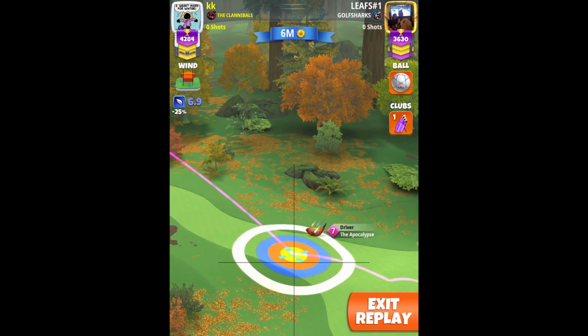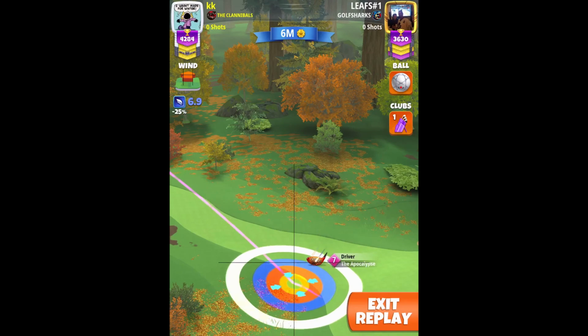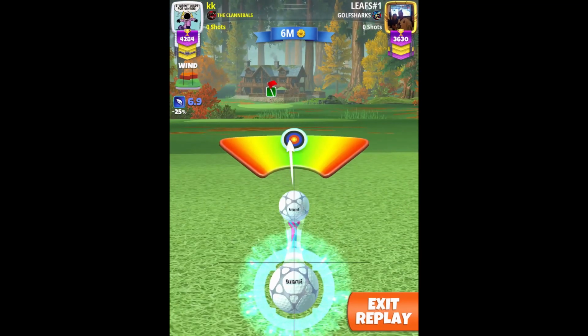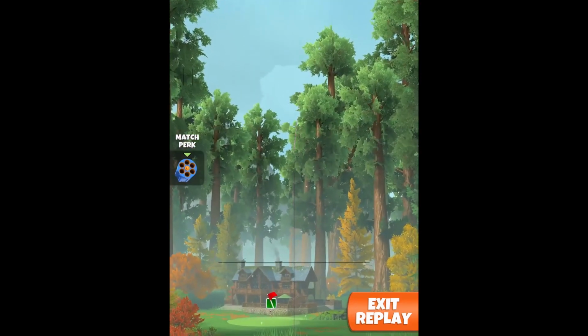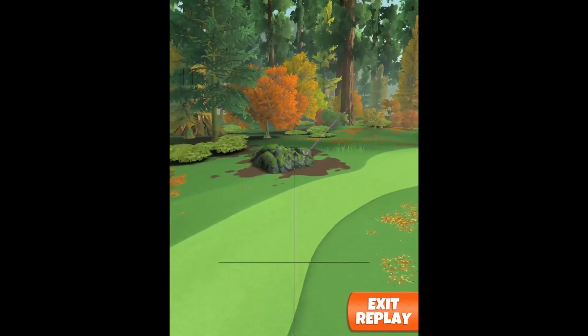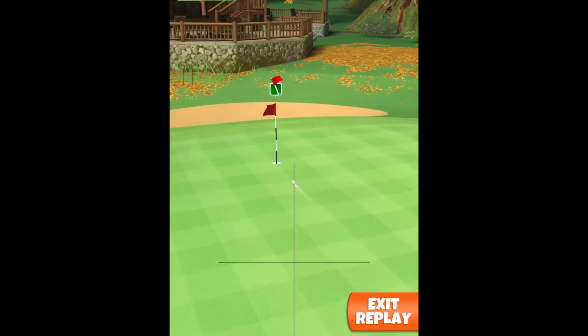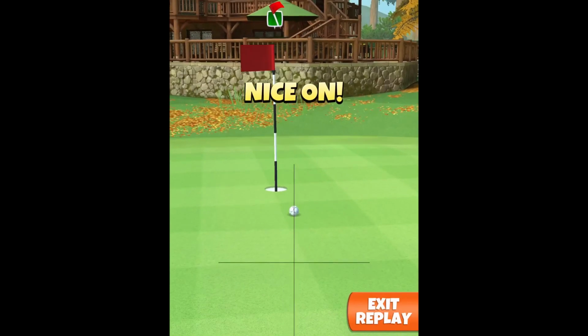Adjusting plus 5% min. And we were right on line, just a little bit short.